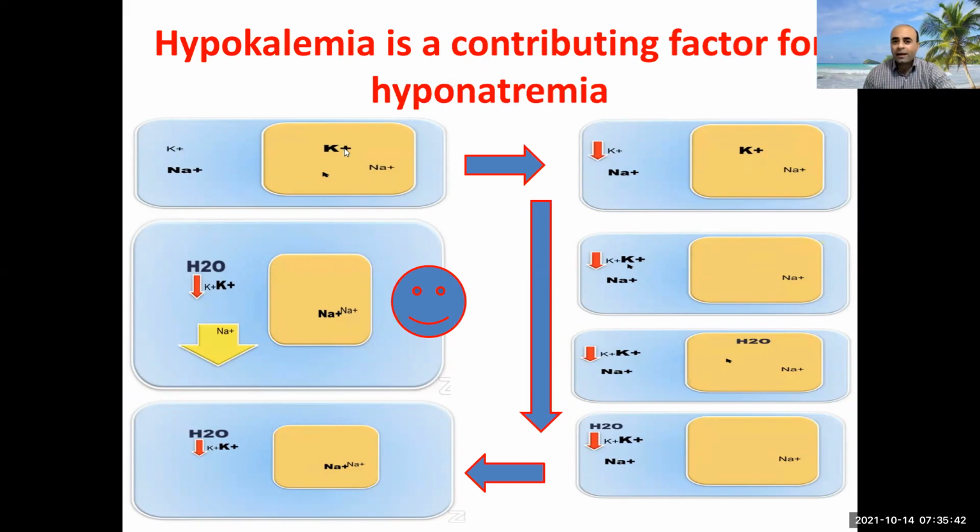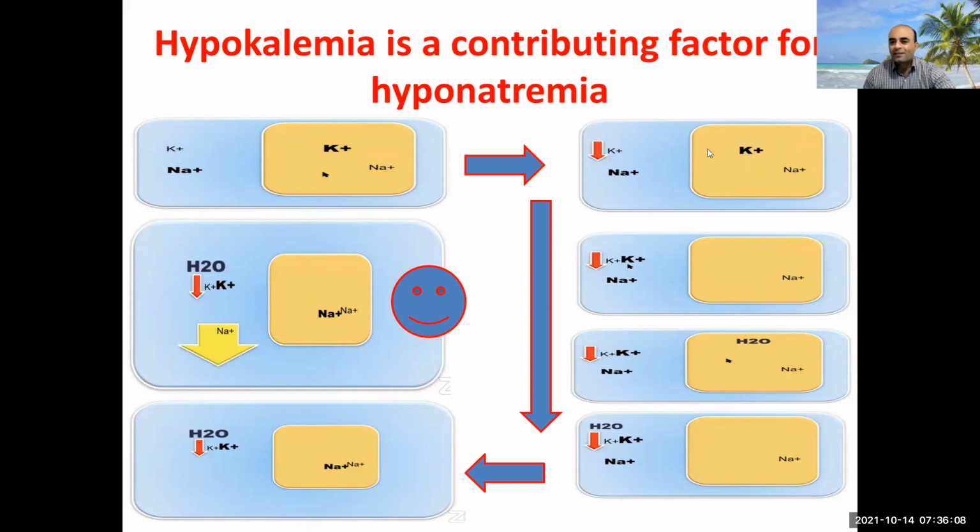Intracellular has potassium 140 or 150 and sodium around 4 or 5. To make it easy, when we have a patient with hypokalemia, it is extracellular, meaning intravascular. What will happen if I have hypokalemia here?